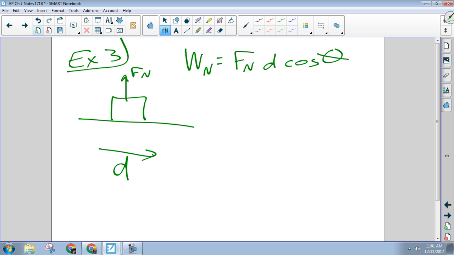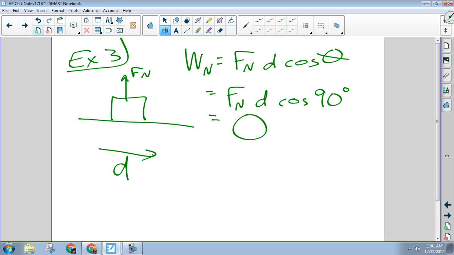And what's my theta going to be here? 90 degrees, right? Because the displacement's that way, the force is this way. So you get normal force times displacement times the cosine of 90. What's the cosine of 90? 0.